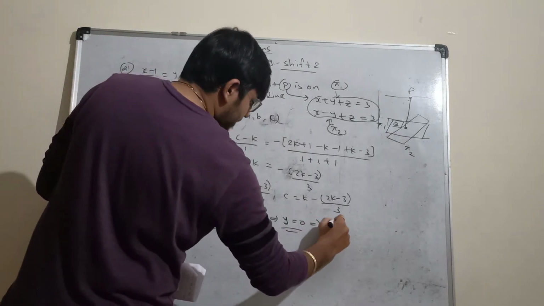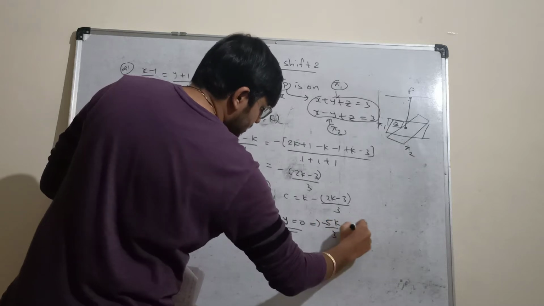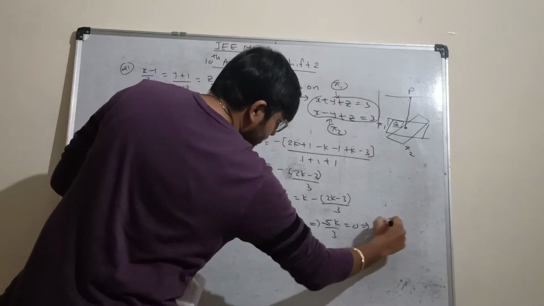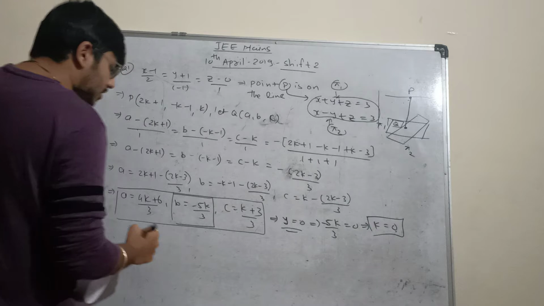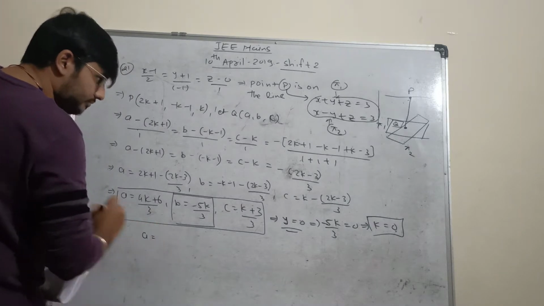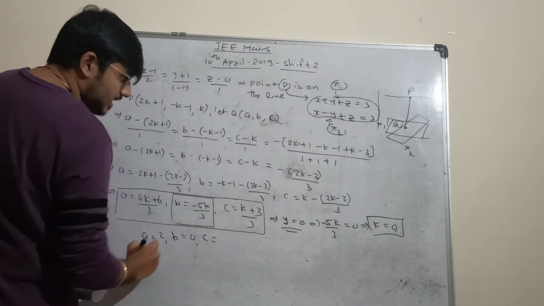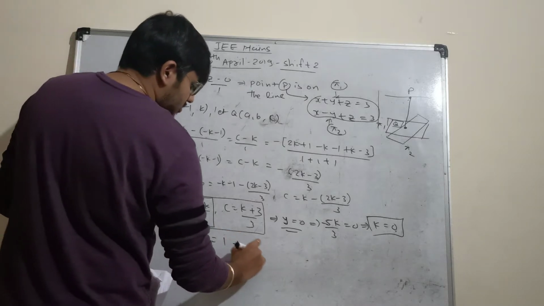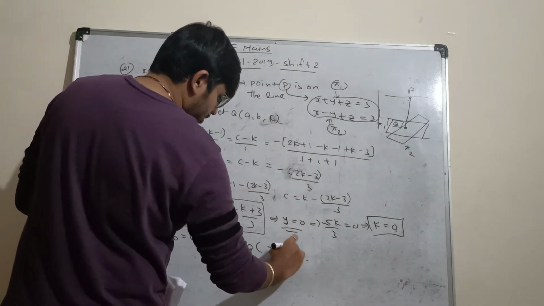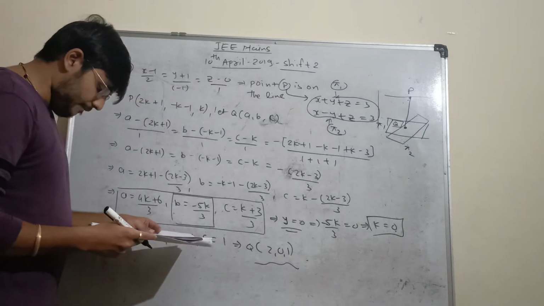It means 5k by 3 equals 0, that is k equals 0. For k equals 0, what will be the values? A will be 2, B is 0 and C is 1. So the coordinates of Q are (2, 0, 1). This will be your answer.